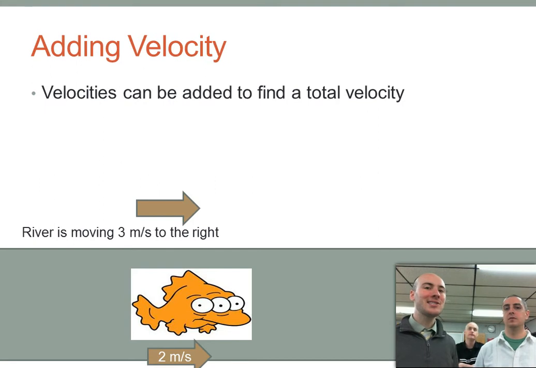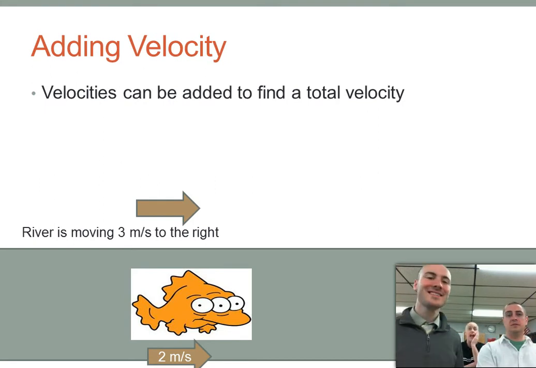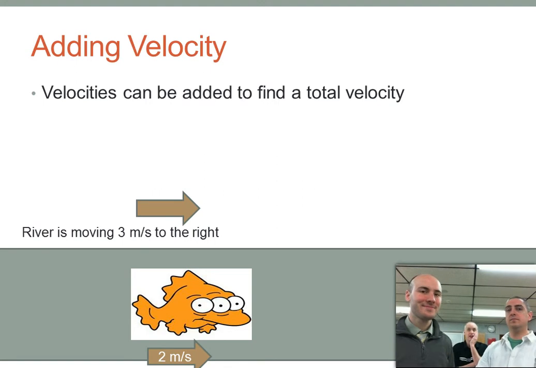Now, velocities can actually be added. You can add velocities together to find the total velocity. For example, we have our cool little Simpsons fish right down there. Blinky is his name. So we got Blinky, the three-eyed mutant fish, and he's swimming in a river that is moving 3 meters per second to the right.